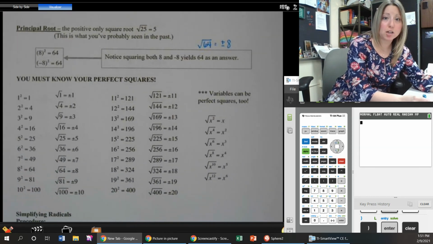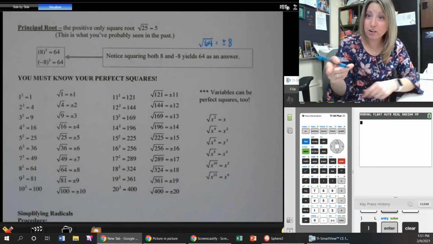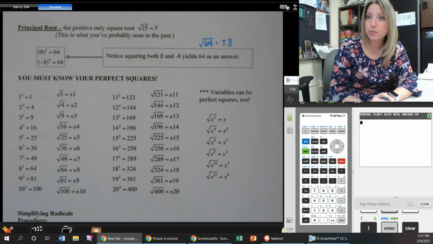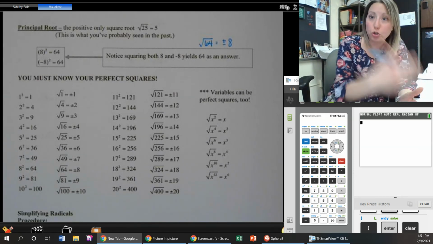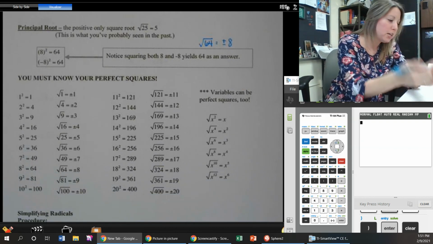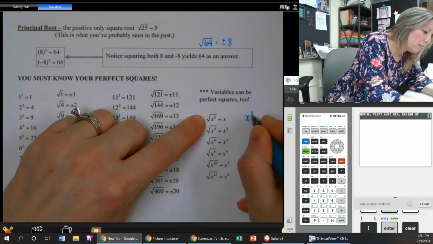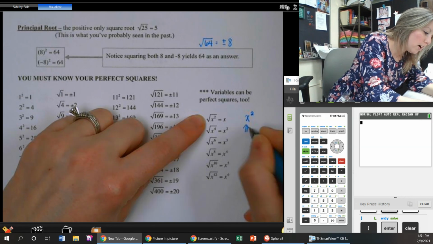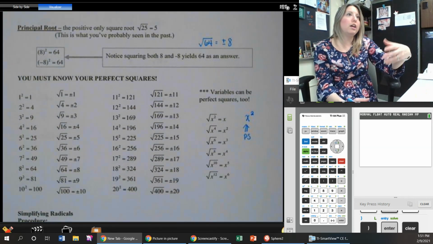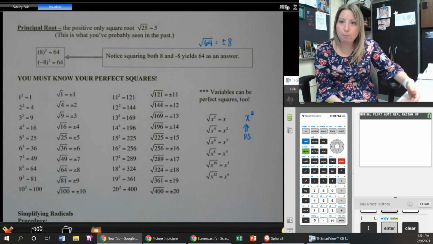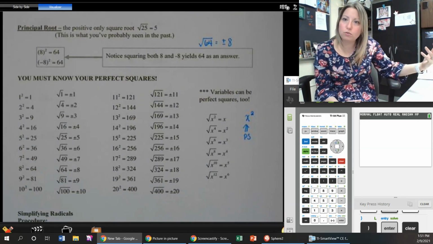And the awesome part about perfect squares is that variables can be perfect squares too. Because when you take x and multiply it by itself, you have just squared x, which means that x squared is a perfect square. We learned that already, and we've used that in chapter 7 and in chapter 8 for difference of two squares.